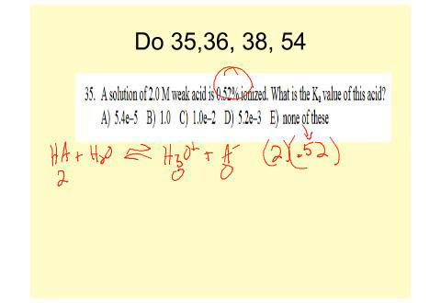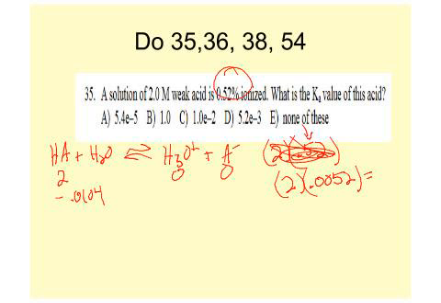Now, this is not 0.52, it would be 2 times 0.0052. Remember to move the decimal place 2 spots. So 2 times 0.0052 is 0.0104. So that means minus 0.0104, and plus 0.0104, plus 0.0104.